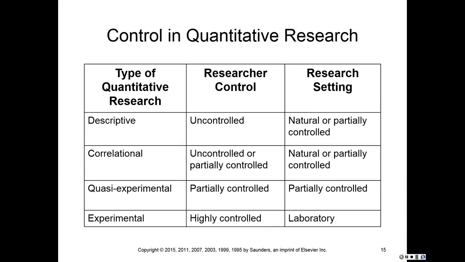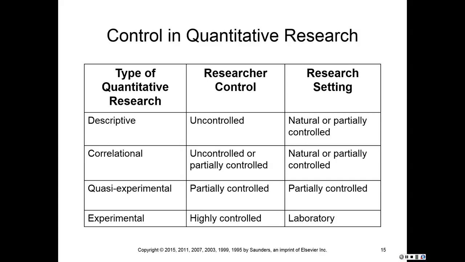And the research setting is a natural one, or partially controlled. Correlational research is uncontrolled or partially controlled, and the setting is natural or partially controlled. In quasi-experimental research, researcher control is partially controlled, and the setting is also partially controlled.